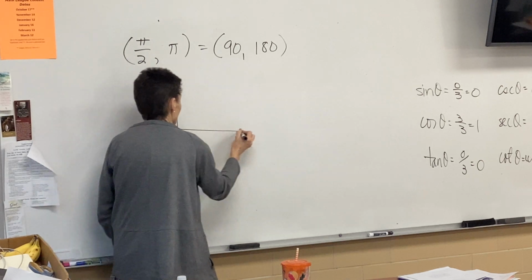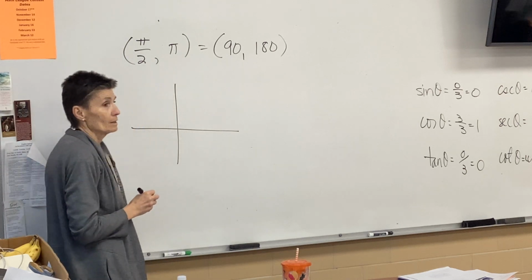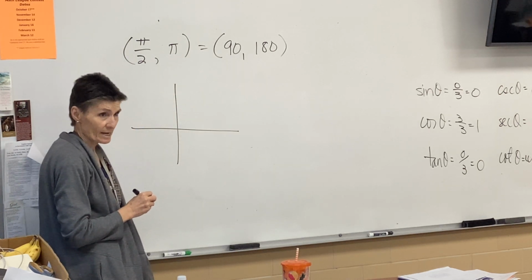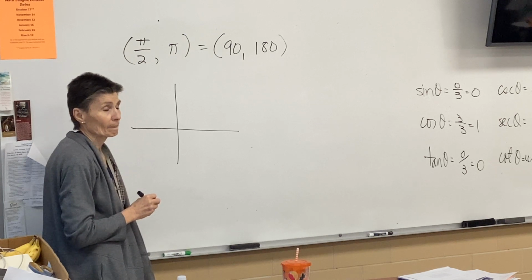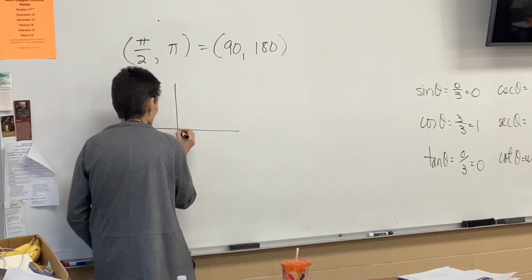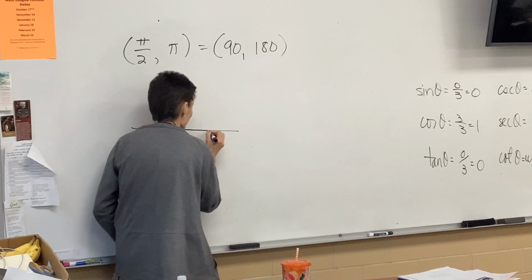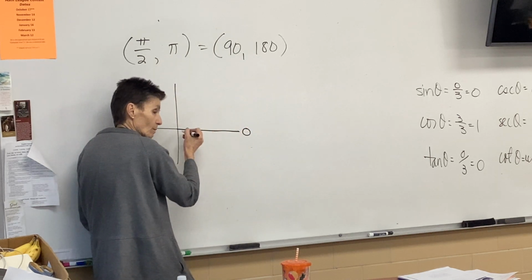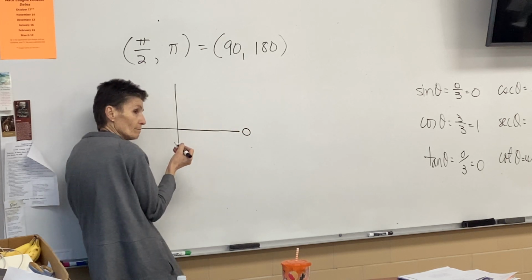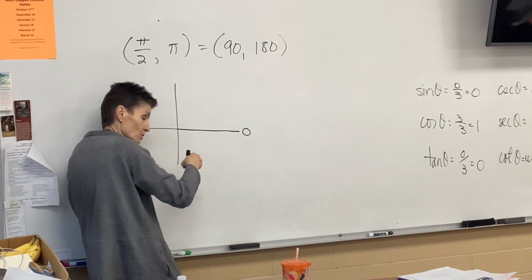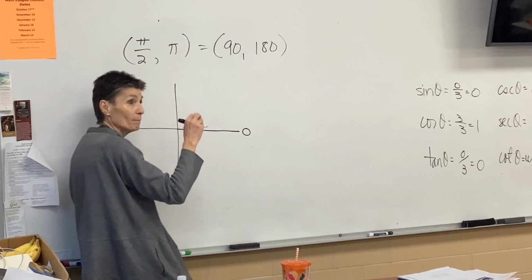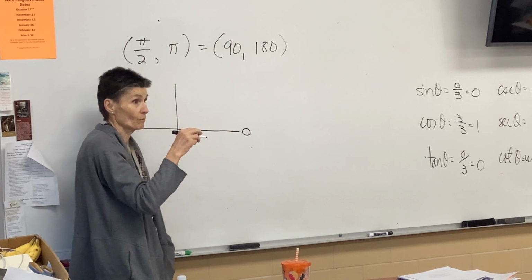Now, angles are measured in standard position. And standard position means we start measuring right here. This is 0. In trigonometry, not in navigation. Navigation with a compass, north, south, east, west, that's different.